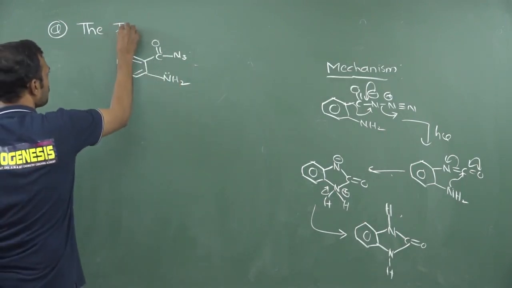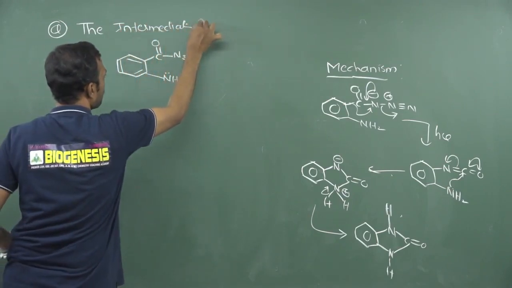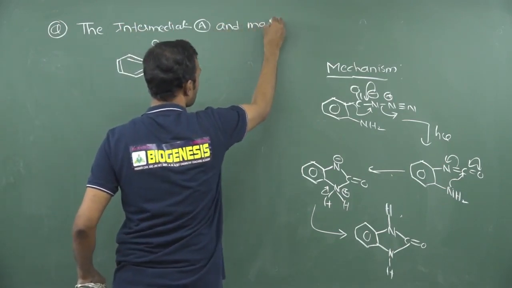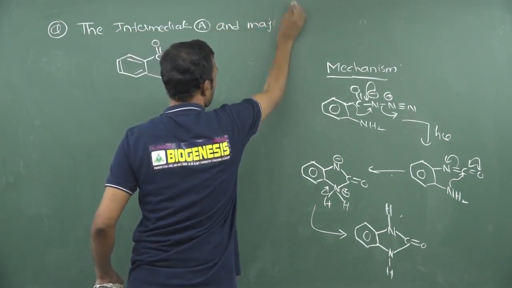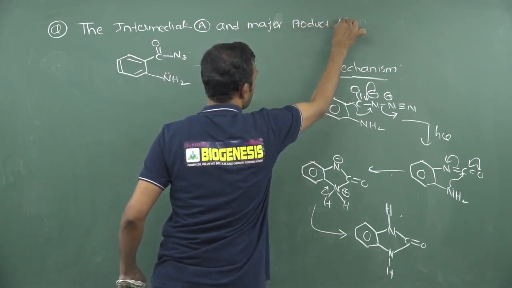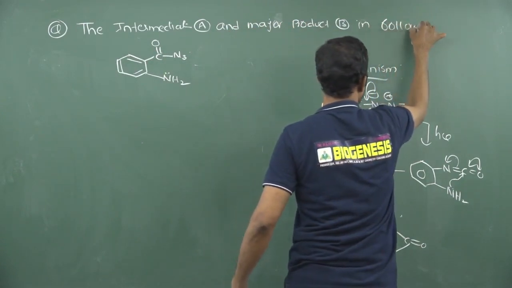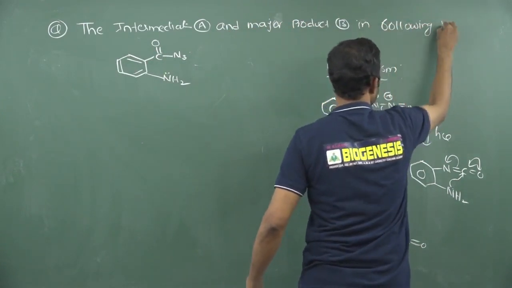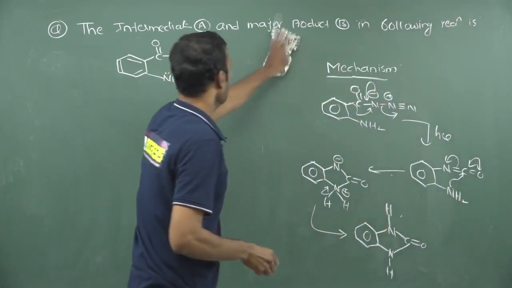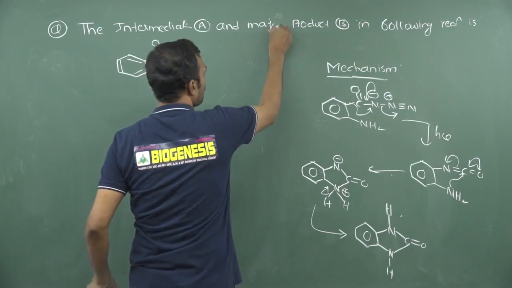So here see the intermediate A and major product B in the following reaction. So what is the intermediate A and what is the major product B involved in this reaction?